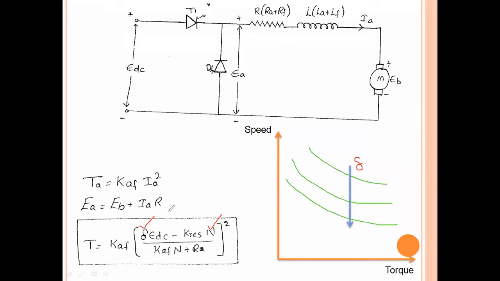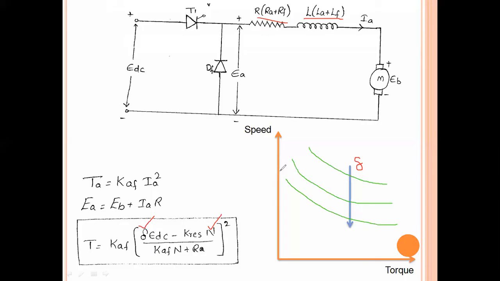So only the torque speed expressions will be different, and the construction of the circuit will be different. We write RA plus RF in place of RA, and LA plus LF in place of LA, when compared with the separately excited DC motor, because this is a DC series motor load and the circuit is the same. So we get the same operation, the same waveforms, and the same average voltage expression, but a different speed torque relation and different characteristics.